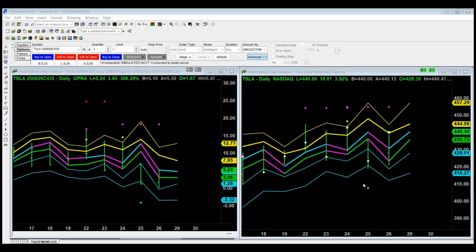There's buy call or buy put, or sell call or sell put. So if you buy call, that means you expect the price to increase. And if it increases, even up to the strike price, then you will earn a lot of money.